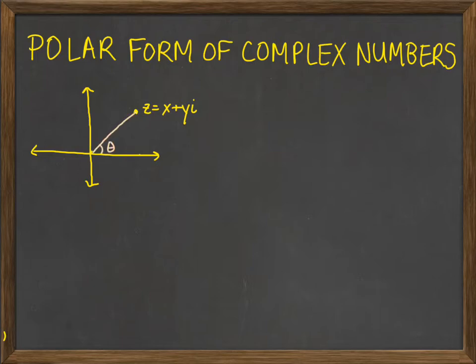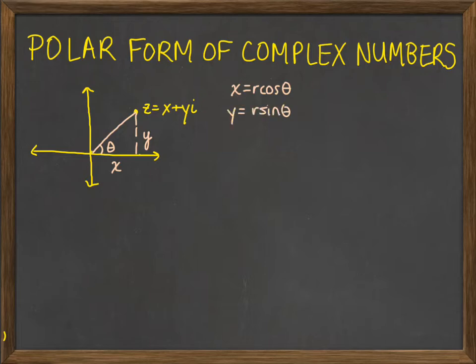Just like with rectangular coordinates, we can rewrite those coordinates as completely determined by a distance r and an angle theta. That same thing holds true for complex numbers. We know that this distance here is y, this distance here is x. And so we know that x is equal to r cosine of theta, and we know that y is equal to r sine of theta.